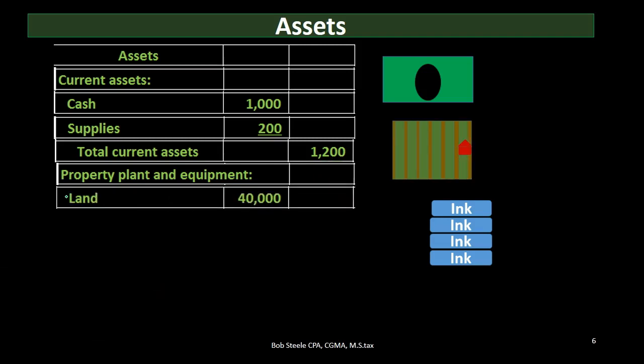We have land. That's going to be our first property, plant, and equipment. Notice that property, plant, and equipment are going to be those longer term assets, meaning that land is something that we cannot use very easily in order to pay off current obligations. We are going to use it for a long extended period of time into the future as needed in order to help achieve our goal, that goal being revenue generation.